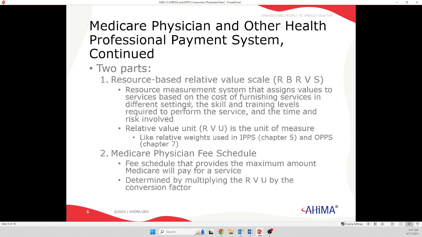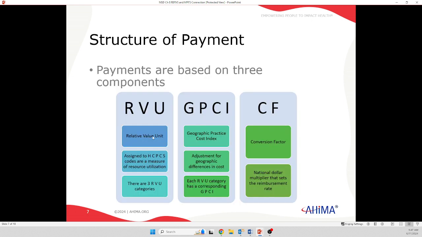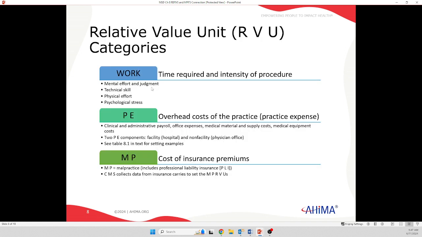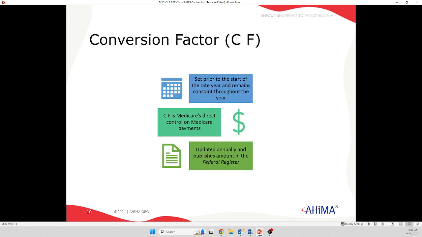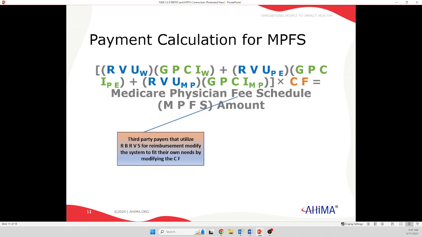This assigns the value to the HCPCS. This is our fee schedule. We multiply this times the conversion. There's a little bit about each one of those. Remember, 3 categories. Every category gets its own GPCI. There's the 3 pieces of our RVU. Kind of went through all of that.